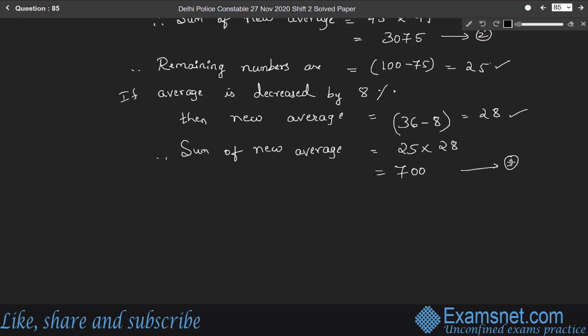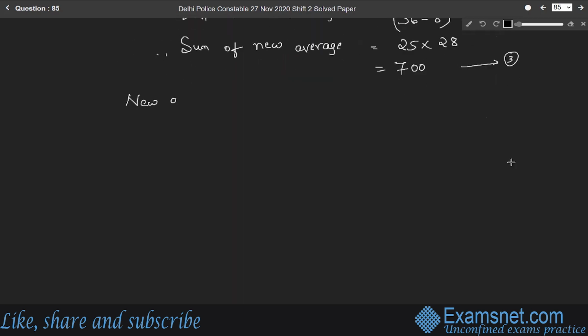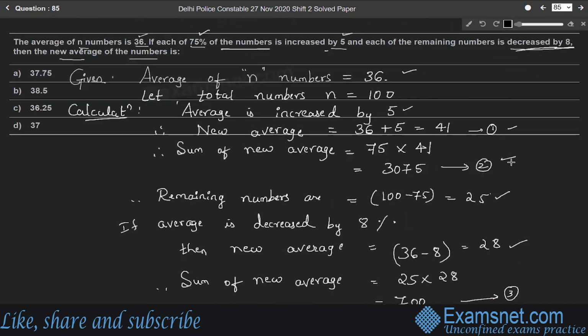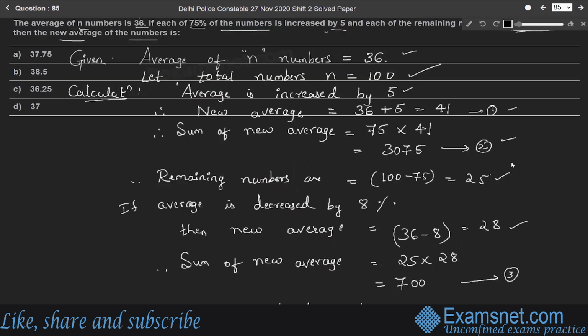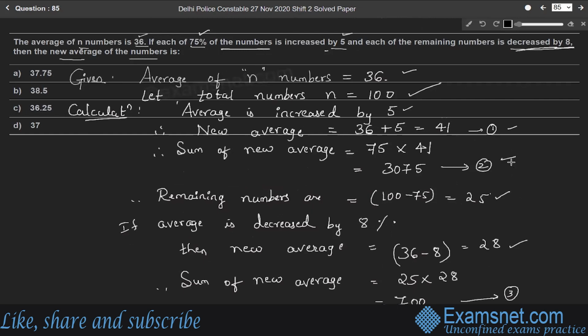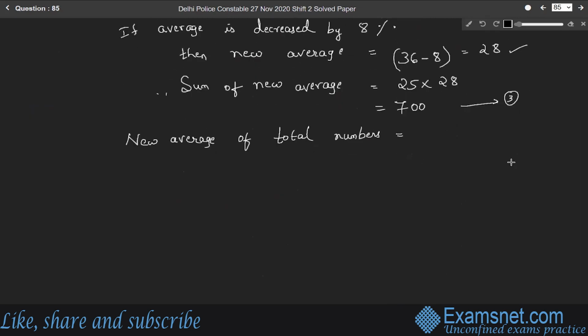Now, new average of total numbers. So here, what is the total number? We have assumed total numbers is equal to 100, right? So the new average of total numbers means the sum of the 75 numbers, which is from equation 2, and the sum of the remaining 25 numbers, which is 700.